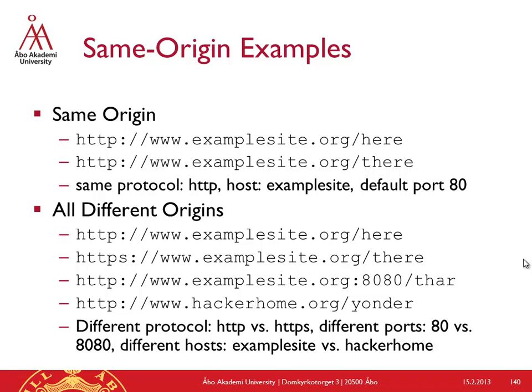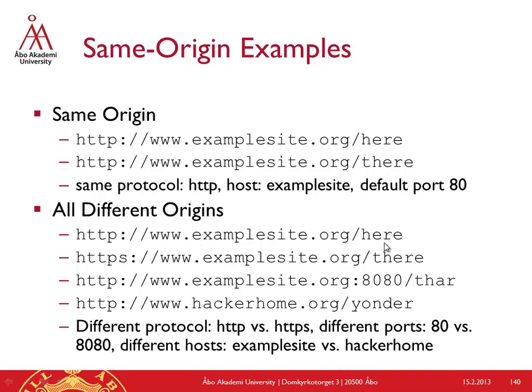Here's an example of same origin and different origins of the page. For example, these two lines are the same origin because they have the same protocol, the same port, and the same address, but they have different paths here. But they are from the same origin.